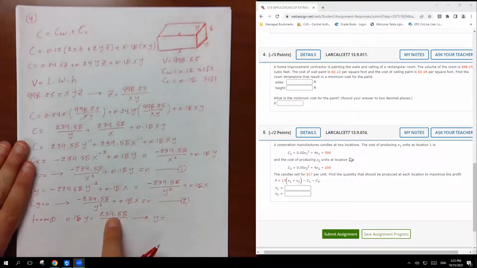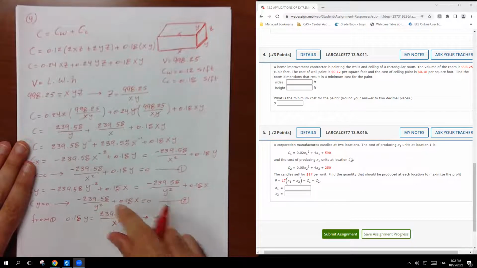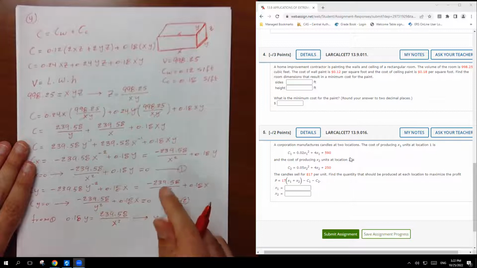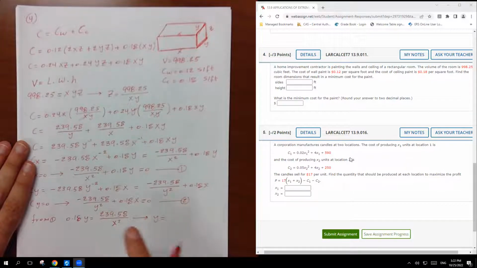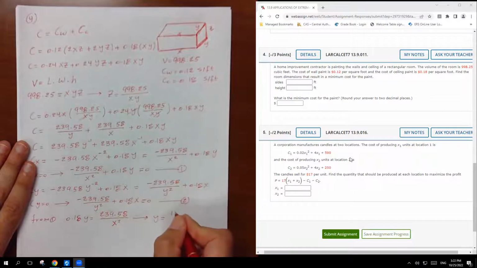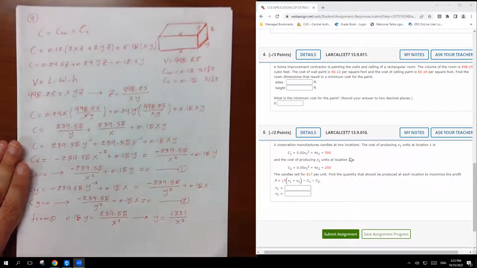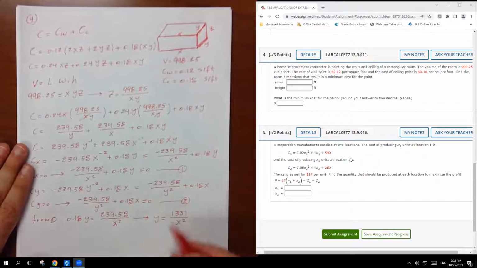So divide this one by 0.18, because you're going to divide the whole thing by 0.18, bringing this one and flipping it. It's going to be 1 over 0.18. So this one divided by 0.18 is going to be 1,331 over x squared. Now I'm going to plug in this one into the second one.